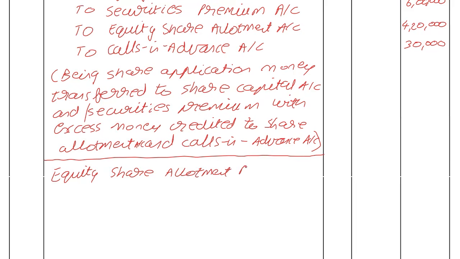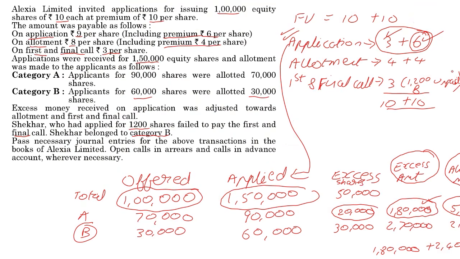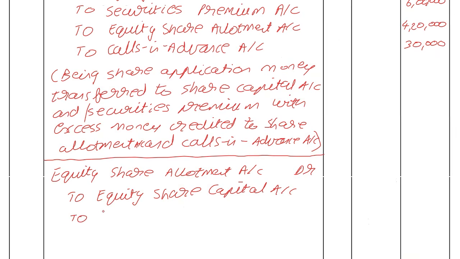Allotment account debit to equity share capital account. But I think we have a premium component. So let me quickly check. Is there a premium? Yes, there's a premium. So I will also credit the securities premium.